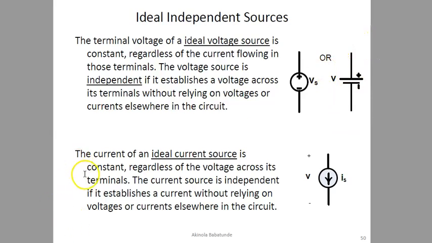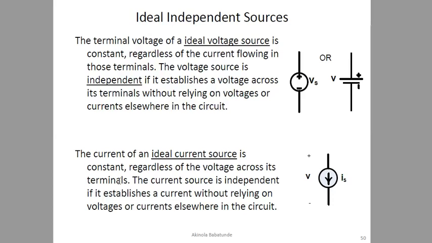Okay. Then we have the ideal current source. The current of an ideal current source is constant regardless of the voltage across its terminals. This is very important too. This simply means that the value of the current source is constant irrespective of the values of the current or voltages elsewhere in the circuit.